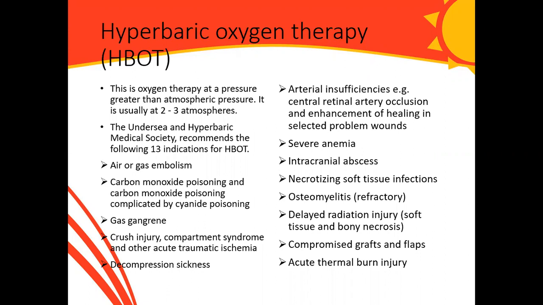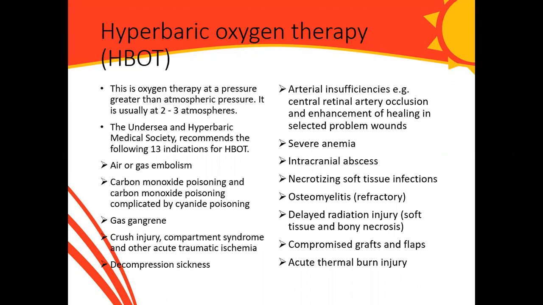In cases of air or gas embolism, in cases of carbon monoxide poisoning or carbon monoxide that is complicated by cyanide poisoning, in case of gas gangrene, crush injury with compartment syndrome or other acute traumatic ischemia, decompression sickness, when you have cases of arterial insufficiency, for instance, central retinal artery occlusion, and it can also be used for enhancement of healing in selected problem wounds.